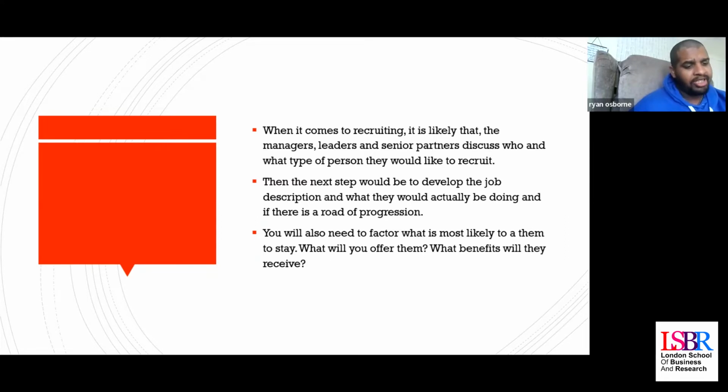So now the next stage in that process really is to put together a job description for that particular job. If you've ever looked at a job description, you may see the things you have to do on a day-to-day basis, some of your roles and responsibilities.